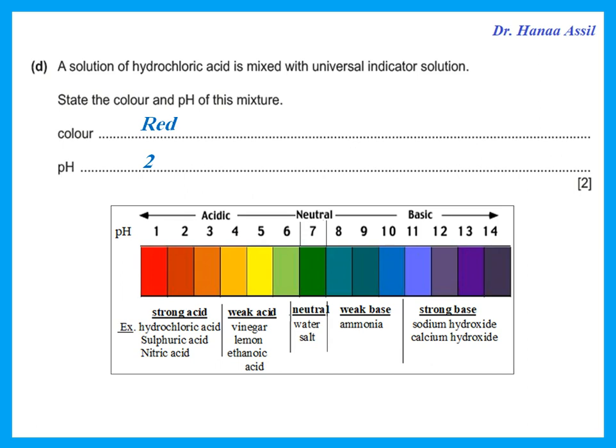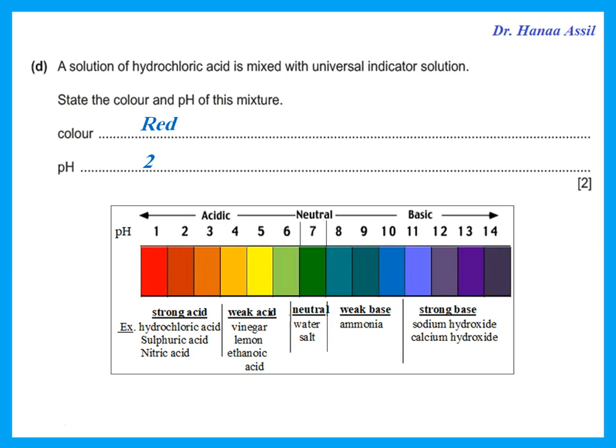Remember the rest of these, you're supposed to know that vinegar, lemon juice, ethanoic acid, these are weak acids. They will have pH 4 or 5 or 6, and the color we usually say yellow or orange. If something is neutral, like water or sodium chloride, then it has a pH of 7, and the color of the universal indicator is green.